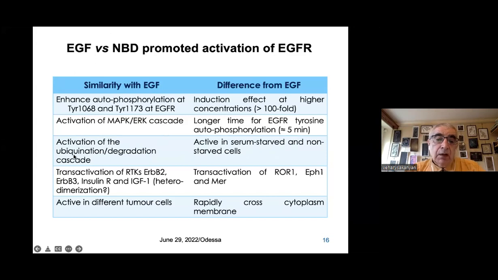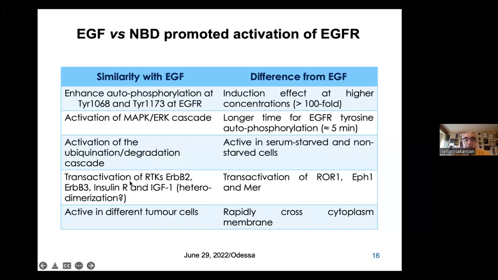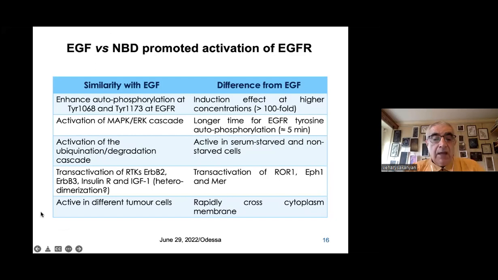We also have activation of the ubiquitination degradation cascade, which is responsible for the degradation of the protein, and transactivation between EGFR and ErbB2 and ErbB3 and insulin receptor and insulin growth factor 1, through heterodimerization. And finally, the molecule was active in different tumor cells, in breast cancer cells and also in lung cancer.